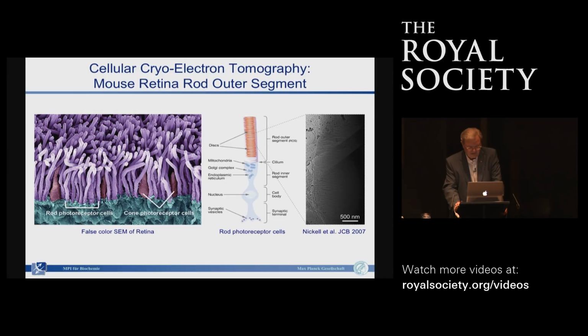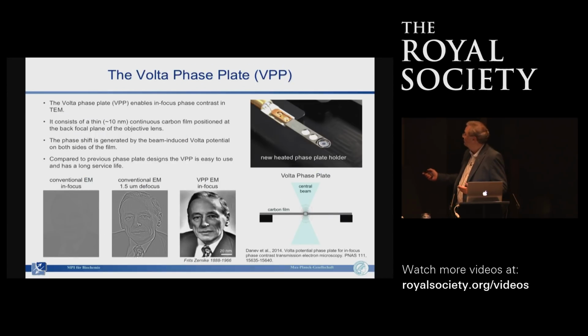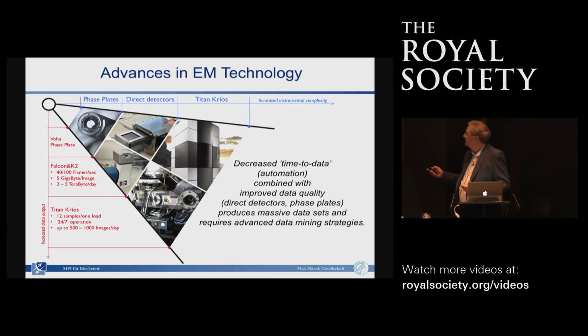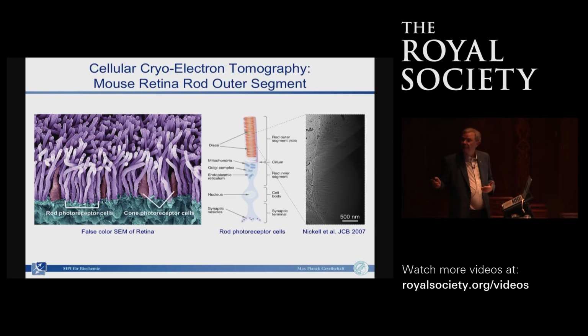We are interested in the structure of the mouse retina rod outer segment, this part here, and we are interested in particular in the supramolecular organization of the disc membranes. Now, I'm showing that because it's a particularly striking example comparing, on one hand, what we were able to do about 10 years ago.